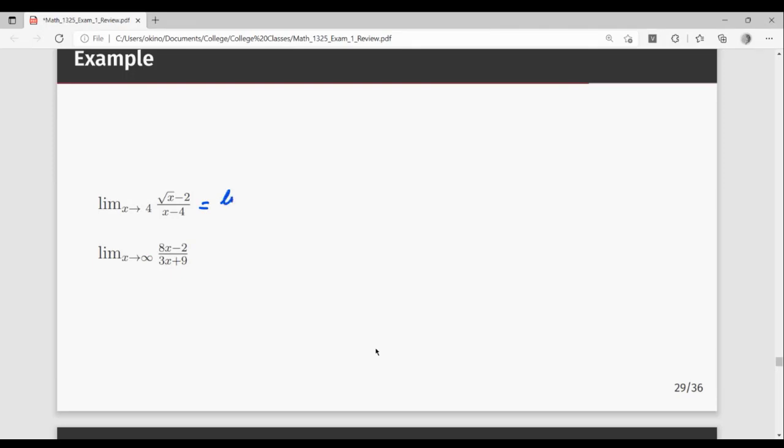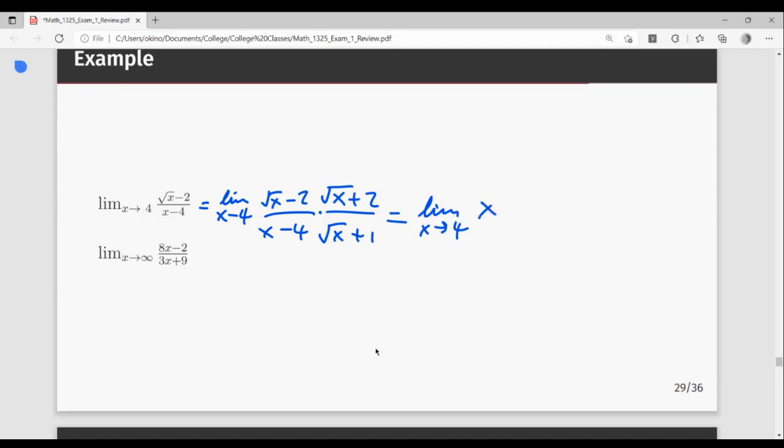And at first glance, it doesn't look like we can factor much out, right? But what we can do is multiply by a conjugate. So we can multiply by that fancy version of 1, square root of x plus 2 over square root of x plus 2. In the numerator, we'll have x minus 4, and in the denominator, x minus 4 times square root of x plus 2.